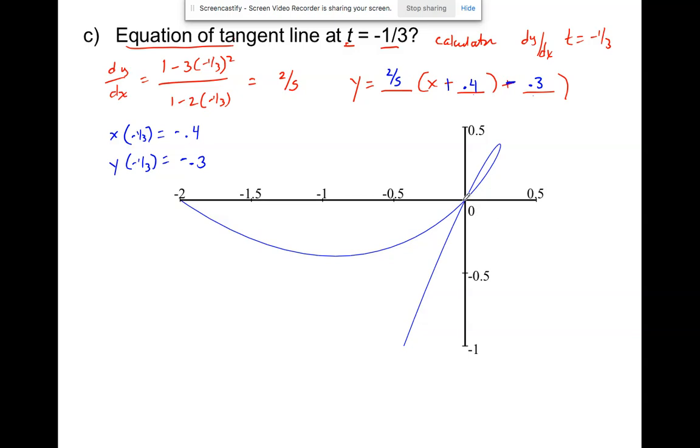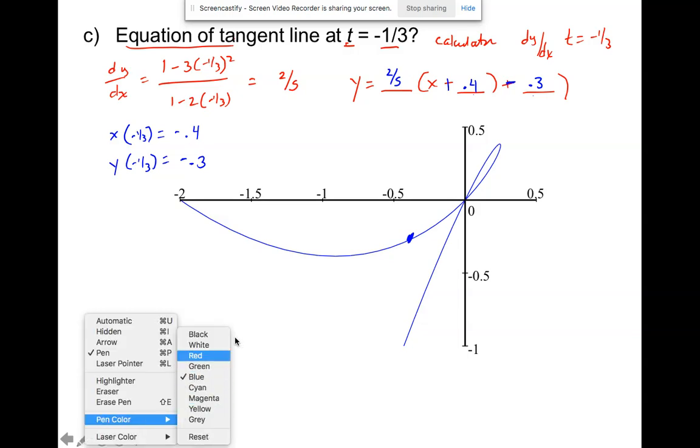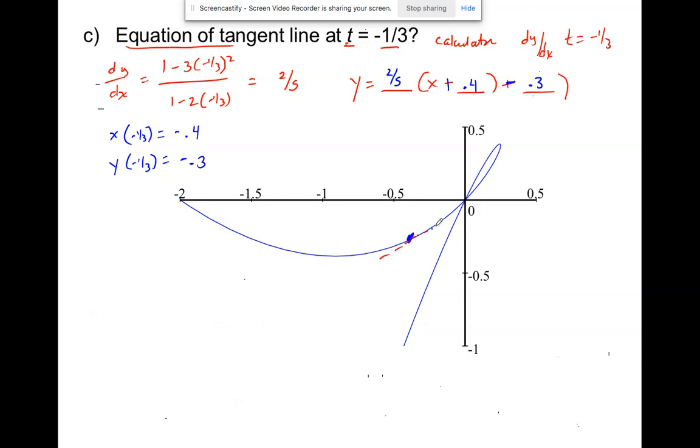So at negative 0.4, negative 0.3, that slope should be positive, is it? 'Tis, honey. And here's its equation.